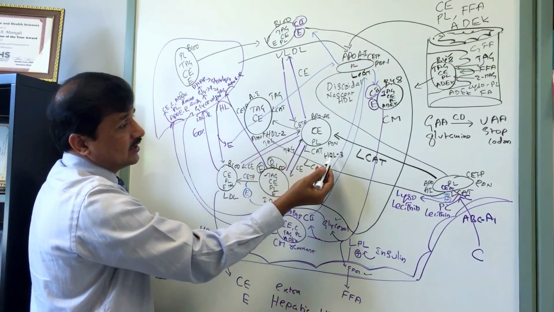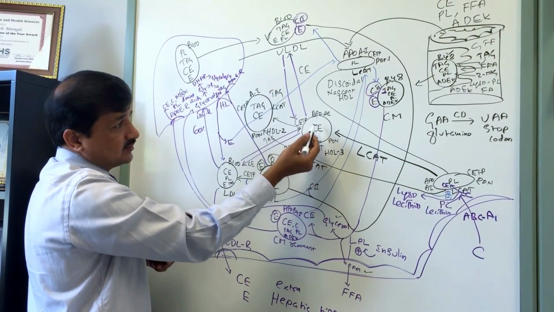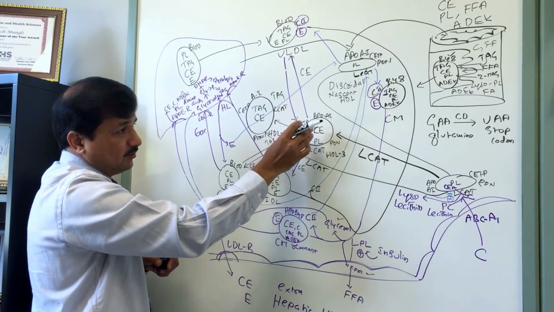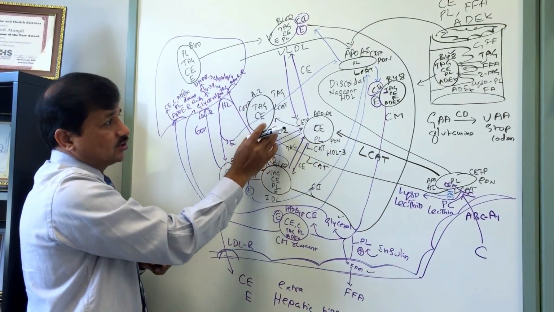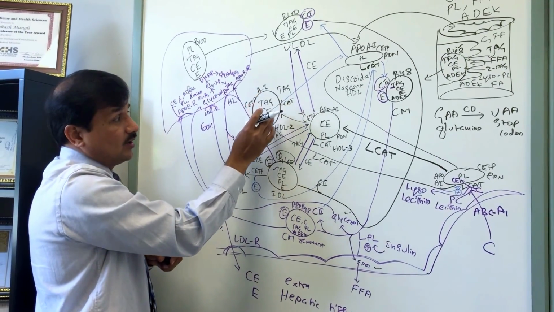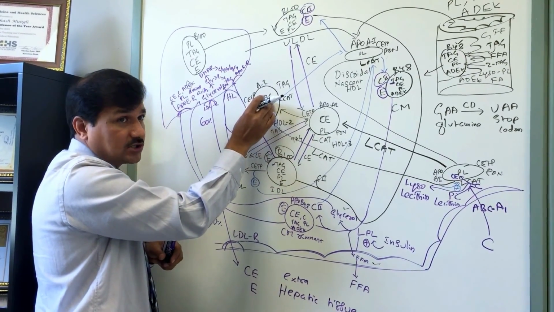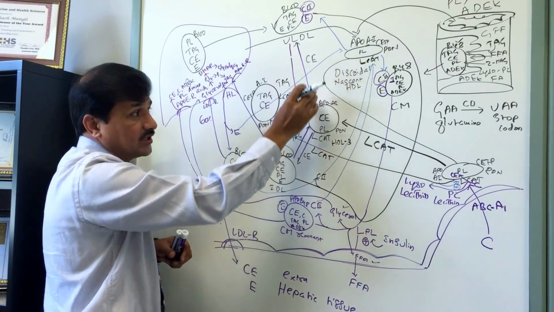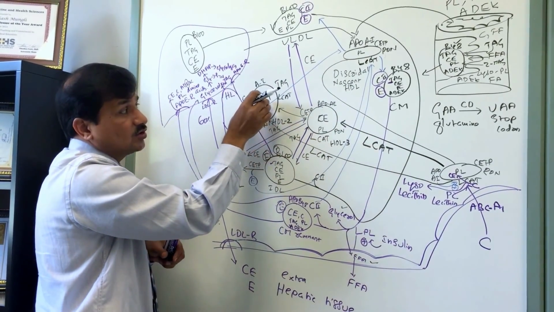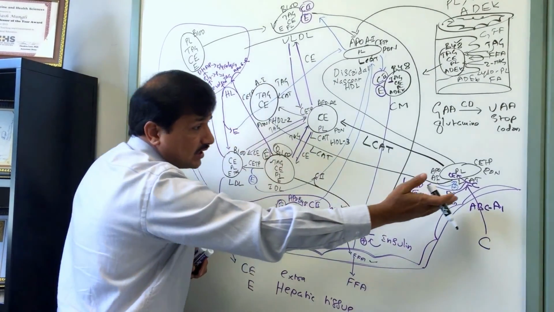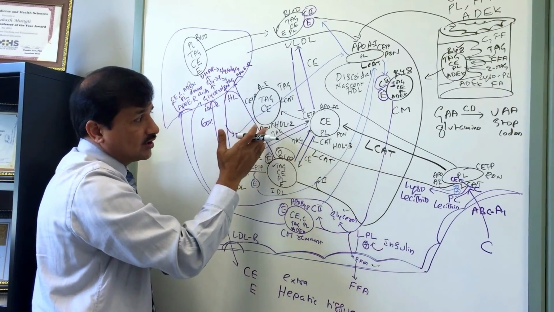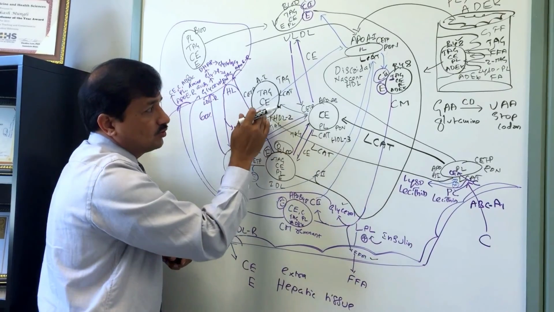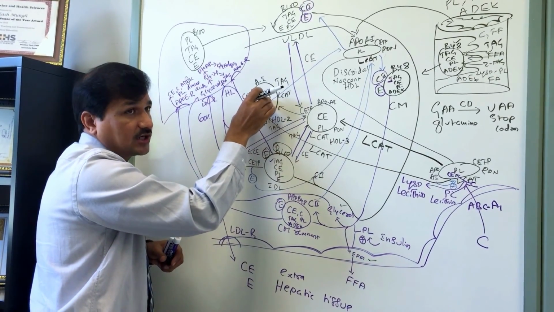On one side, HDL3 is losing cholesterol ester by CETP and gaining triacylglycerol. That's why HDL2 has more triacylglycerol, but it continues to have cholesterol ester. Although it is losing it by CETP, it continues to contain it. Why? Because LCAT is bringing it continuously. So as HDL3 is going into HDL2, LCAT continues to work and you still have cholesterol ester here.